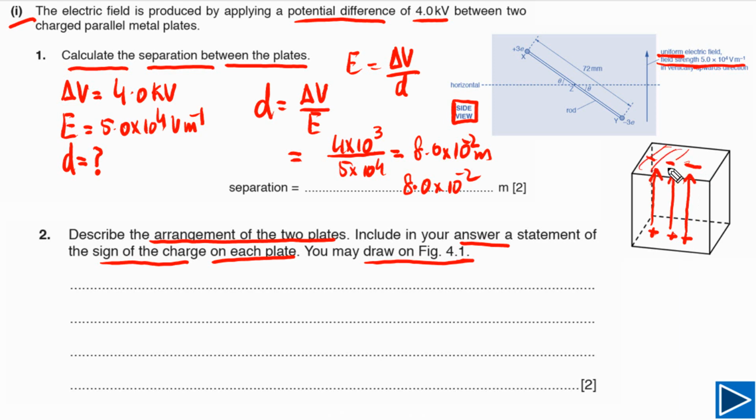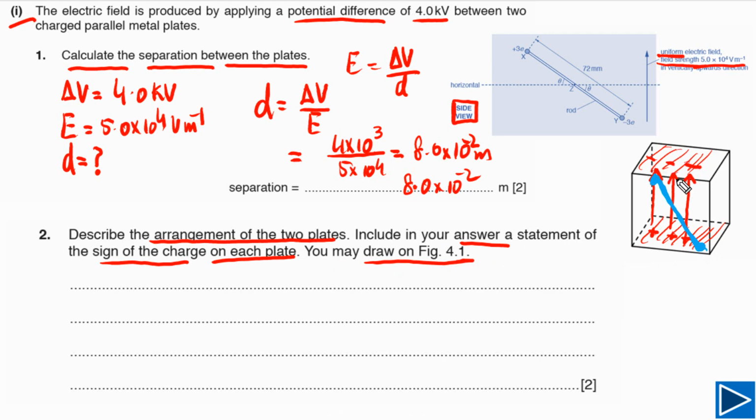As you can see, this plate is in the horizontal plane, and this plate is also in the horizontal plane. And let's try to understand how the rod is placed. The rod is placed like this. So this is how the rod is placed between the plates. This is all you need to understand, and then you can write down your answer.